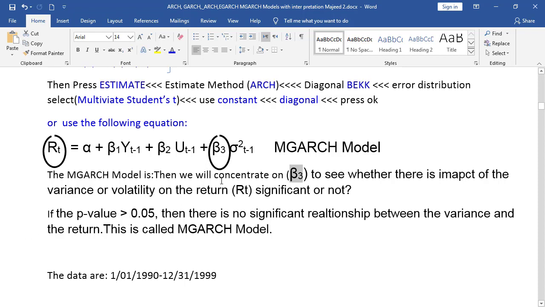If the p-value of beta 3 is greater than 5%, then there is no significant relation between the variance, which is this one, and the return. So there is no relation between variance and the return if it is not significant. And this is what we call the multivariate GARCH model.